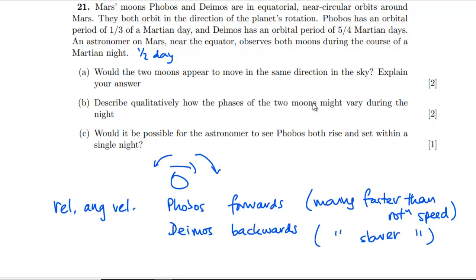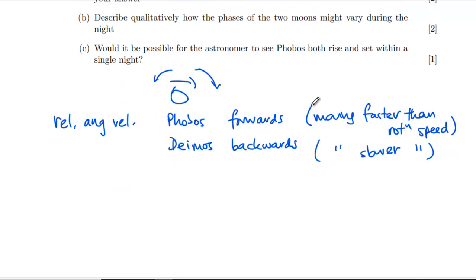Right, describe qualitatively how the phases of the two moons might vary during the night. Right, okay, so what's happening here? So during the night, in half a day, let's think this through.